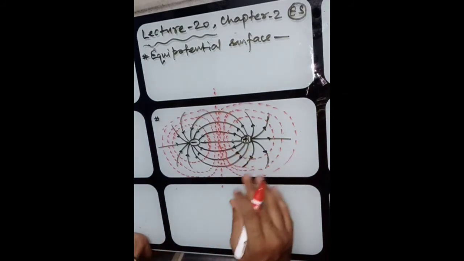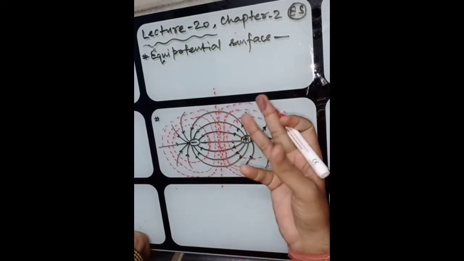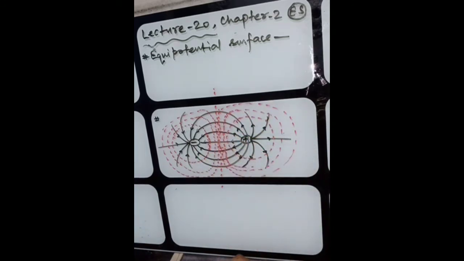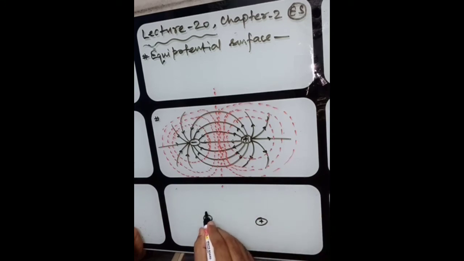But what happens if we draw the equipotential surface in the case of two charges of the same nature? Very good. Look here, if this is plus and this is also plus, my dear student, first you have to draw the field lines.